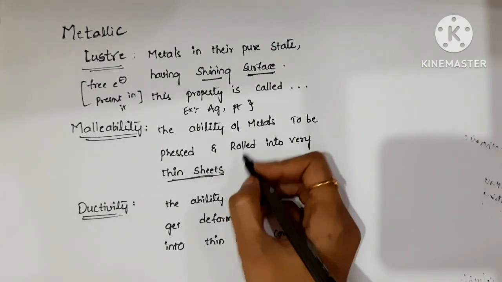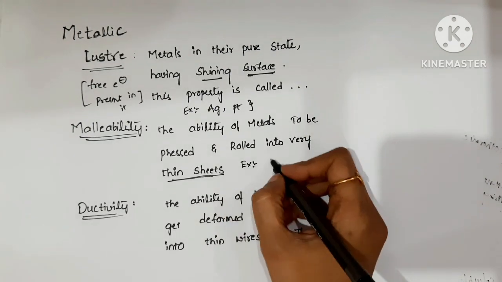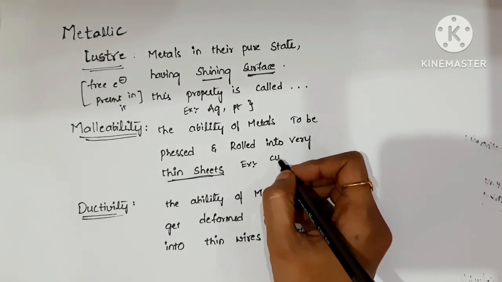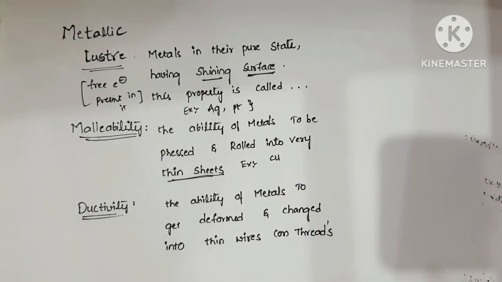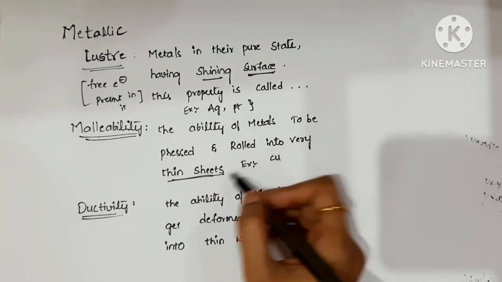An example of malleability is copper, right? Copper has the malleability property, so it can be pressed and rolled into very thin sheets.